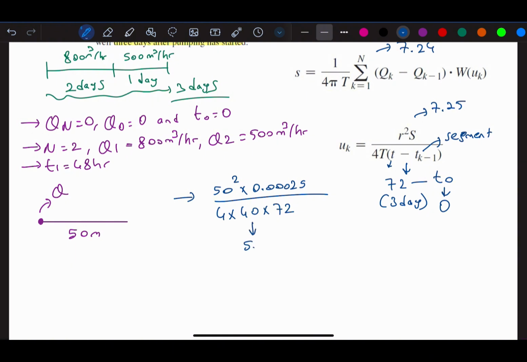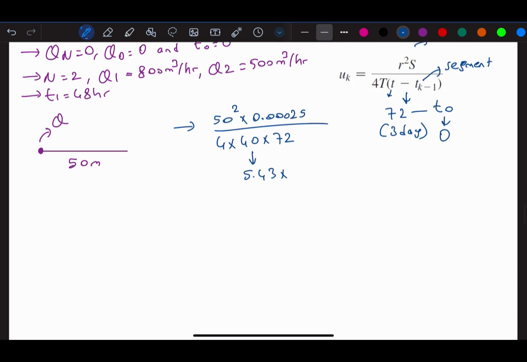And this is going to give 5.43 times 10 to the power of minus 5. Here again you can use equation 7.22, and it is going to give the well function as 9.248.